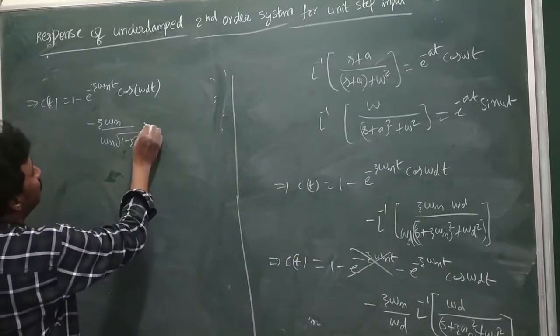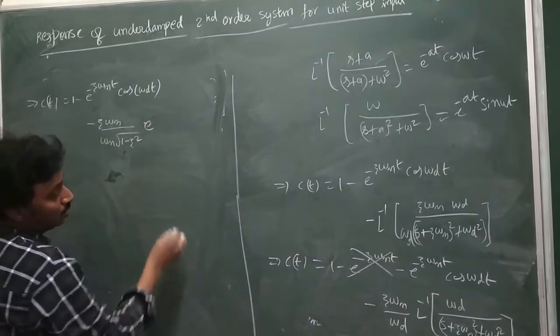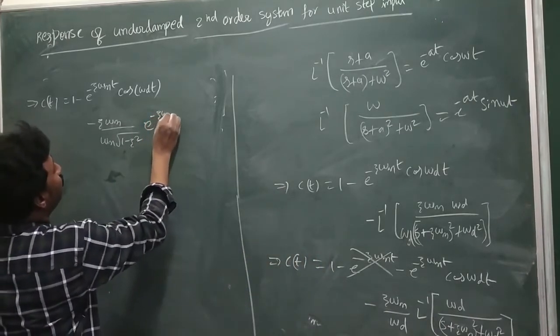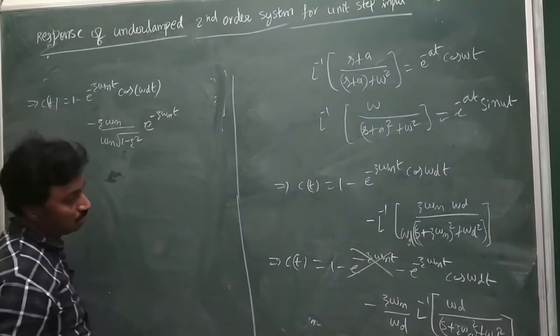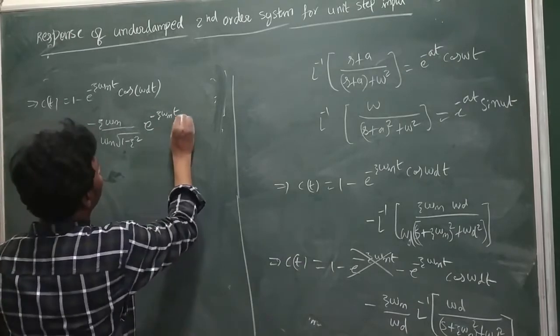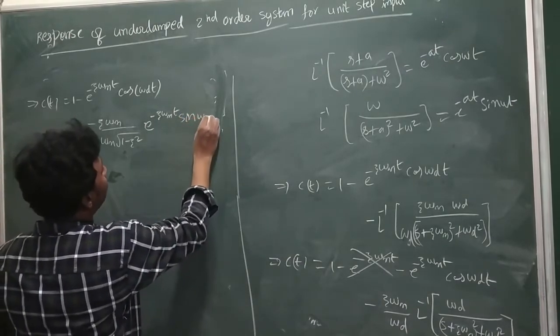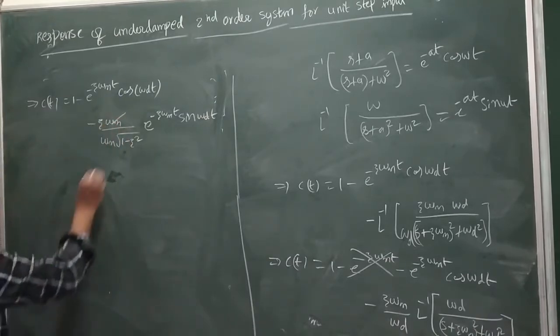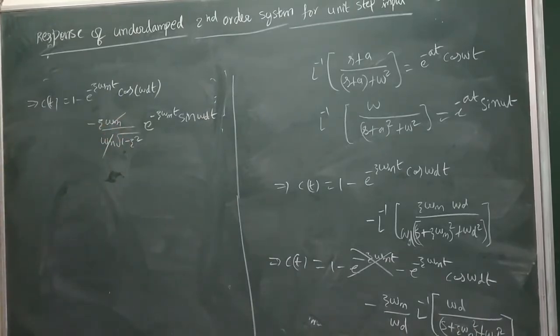So e raised to minus zeta omega n t sin omega d t, right. So this omega n gets cancelled.